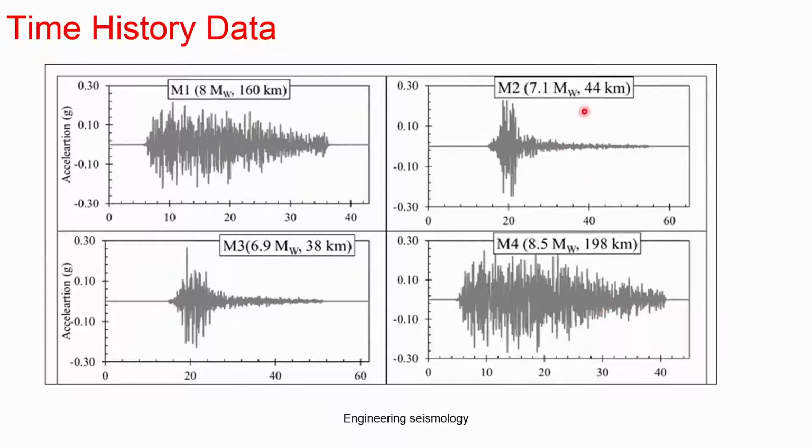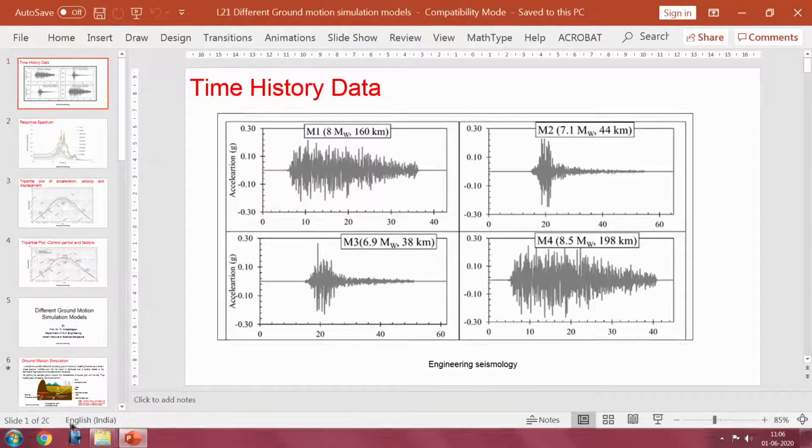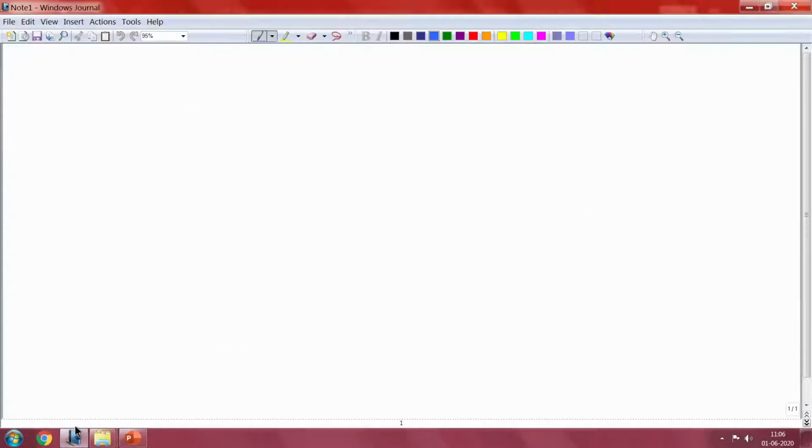Similarly, for 44 and 38, it is a short record, but the amplitudes are high. Depending upon the site where you record the data, you will get your duration and amplitude accordingly.